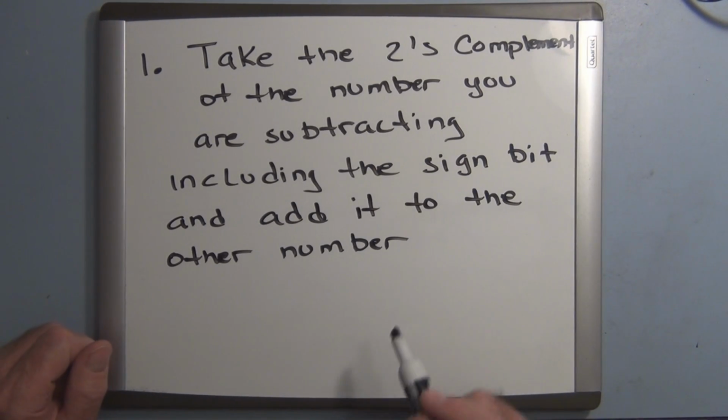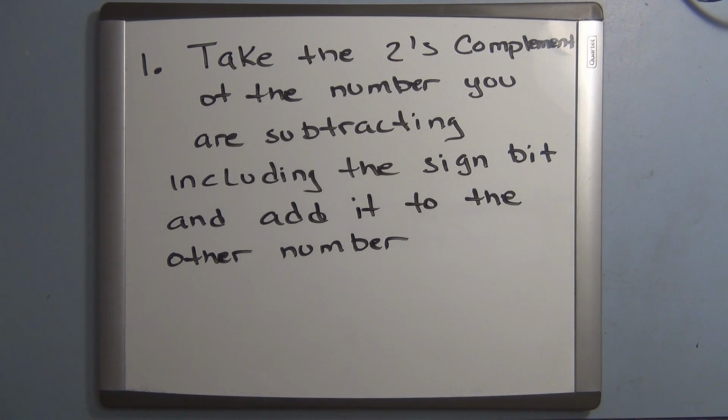So the way we subtract a number is we take the 2's complement of the number you are subtracting, including the sign bit, and then just add it to the other number. So the number you're subtracting, if you take the 2's complement of it, if it's a positive number, that will change it into a negative number in 2's complement.